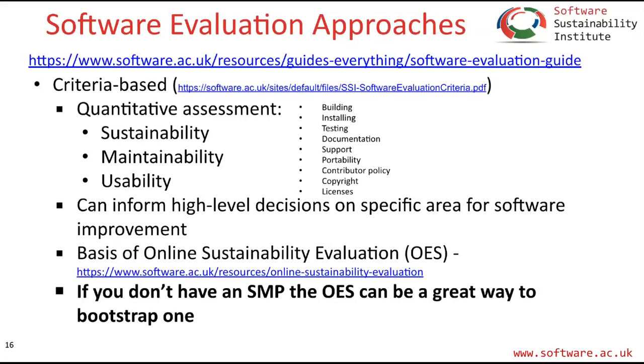You have the criteria-based approach, which is very much a quantitative assessment for various higher-order facets around sustainability, maintainability, and usability, where you look at how you're building it, how you're installing it, what the testing is, what the documentation is, what your support is, how portable it is, whether you have a contributor policy, copyright, and licenses. These aspects can really help inform high-level decisions on specific areas for software improvement.